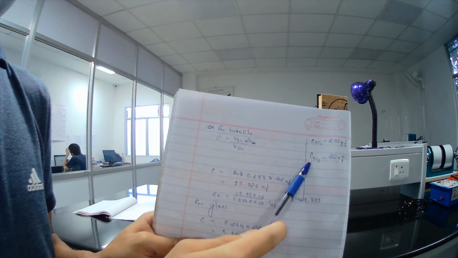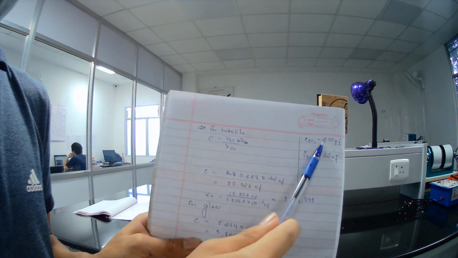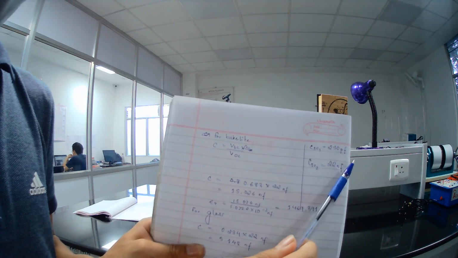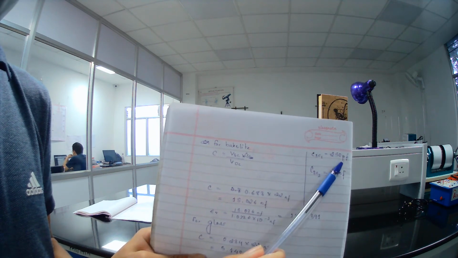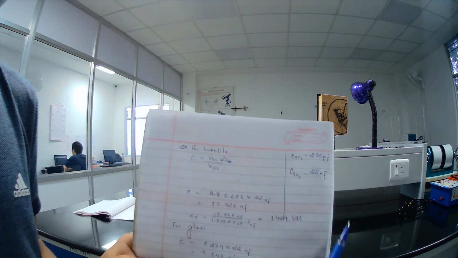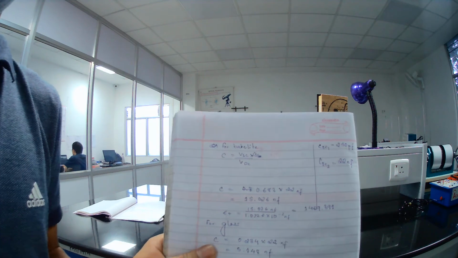But we need this only, for the PZT sample. In future in an exam, if they give you this, remember this is in picofarad. You need to convert to nanofarad so you can compare.